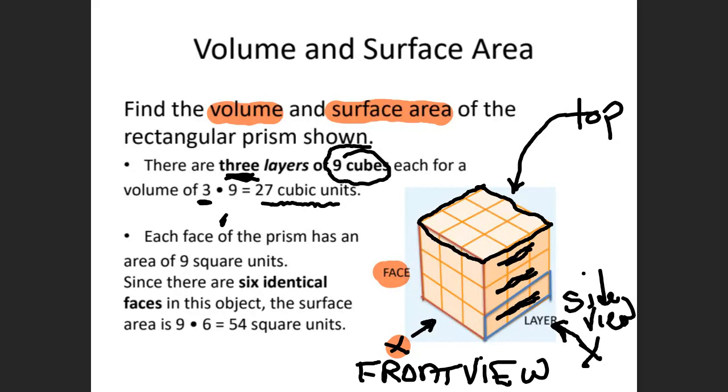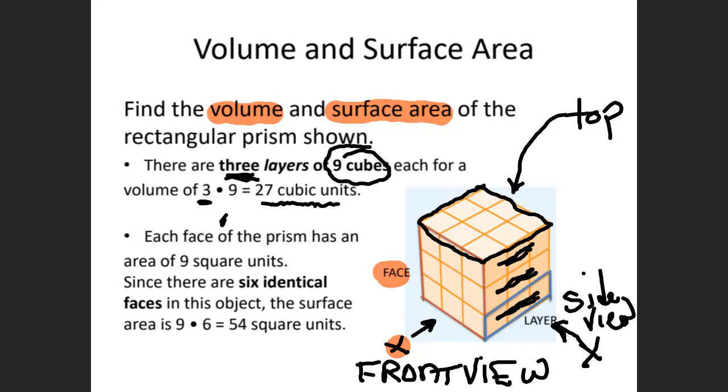This big box is made up of 27 little sugar cubes. That's what you have to think. You have to try and see the little sugar cubes. There are 27 sugar cubes that make this big box.